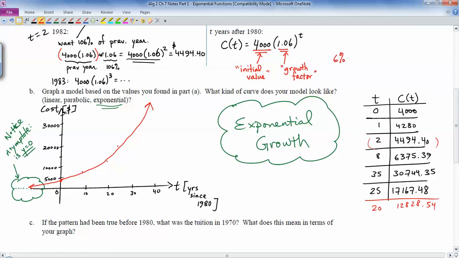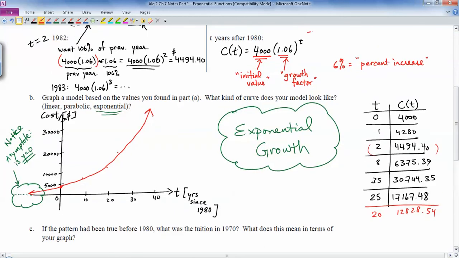The 6% is called the percent increase. Okay? All right. So let's go on. Oh, and this whole thing right here is called an exponential function. And the way that you can remember that, the idea is that the exponent is the variable now. So the variable's not like stuck in the middle. It's now the actual x term or t term in this case is the power itself.